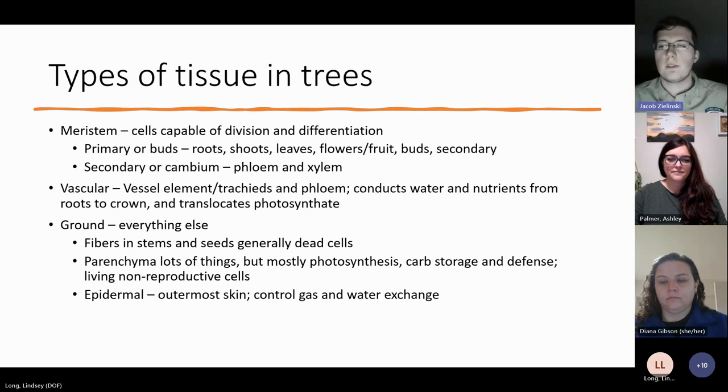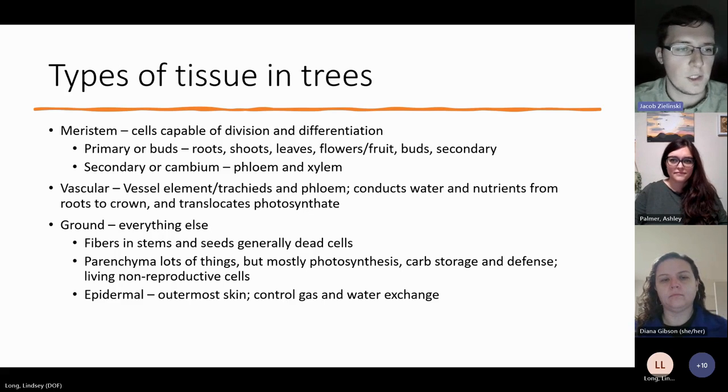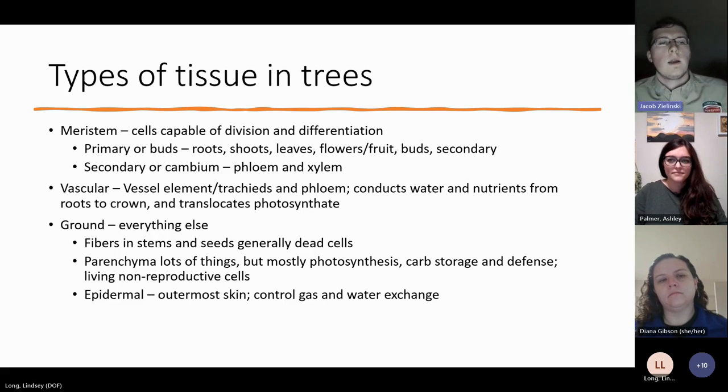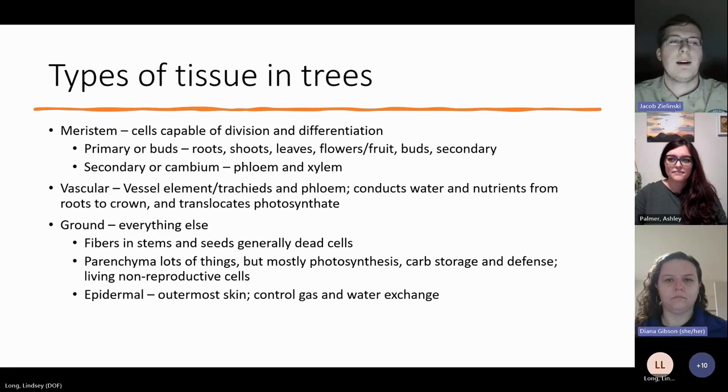So these ground tissues, a lot of them are going to be the dead tissues. Parenchyma, well, some of those are live tissues. How's the best way to describe this? Truly, we think of it as everything else.